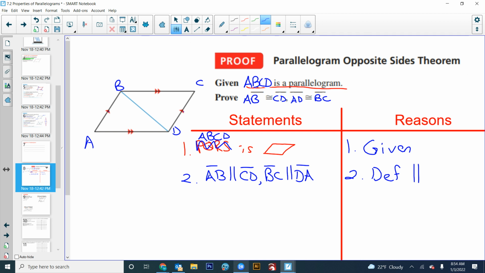AD congruent to BC, property of a parallelogram. Now, after today, that's going to be fair game, but we're proving that that is true. Like we're walking into class today and we're saying, okay, that's a property, it's a theorem, I should be able to prove that it's true. Are you with me? So I'm not going to write that today. I'm going to get there another way.